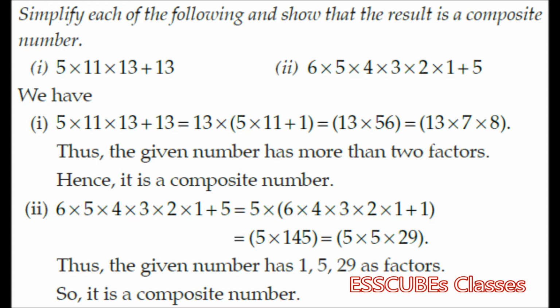We get 5 into 145, which is nothing but 25 into 29. Now see, the given number has 1, 5 and 29 as factors. So again, it is a composite number.